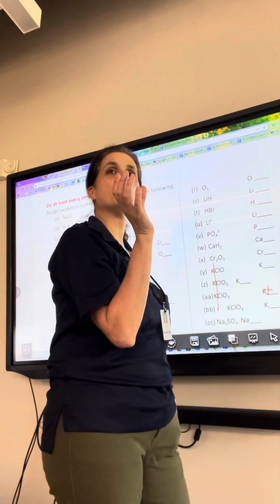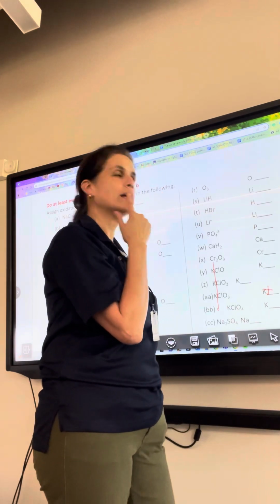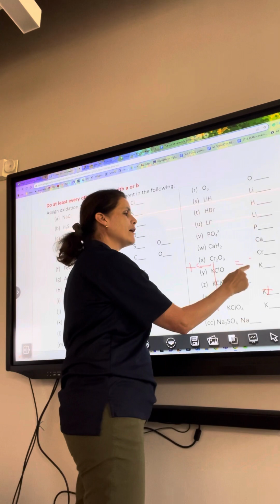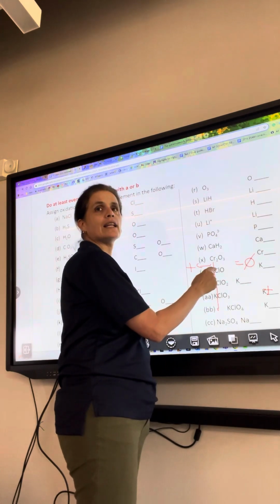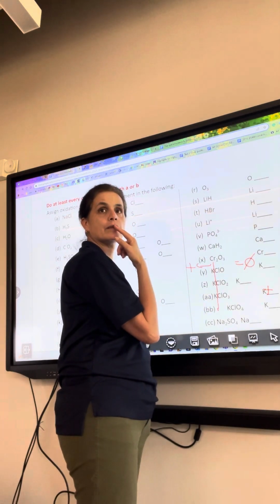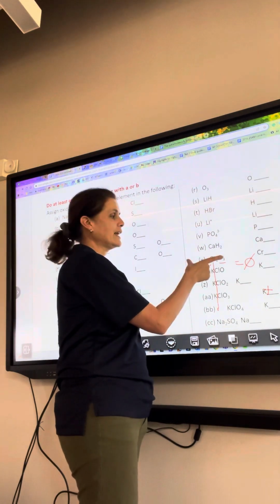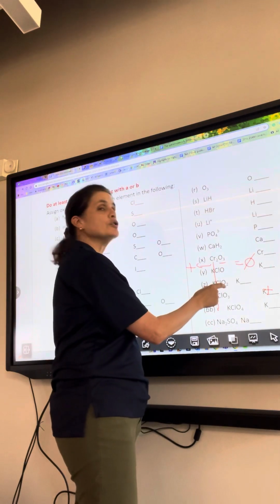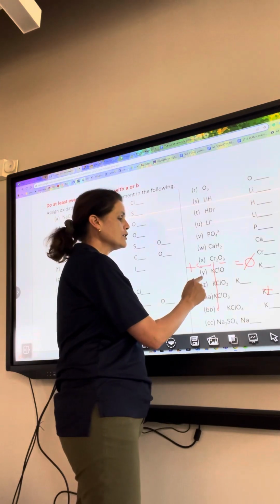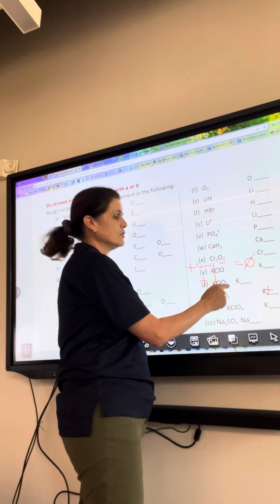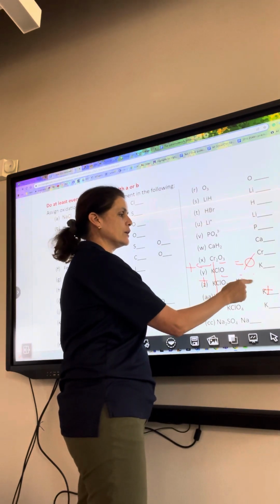So if this side is a positive, in order for you to have a neutral compound, what does the ClO have to be? A negative, right? Then it's neutral. This is neutral as well. The K is positive, so what does ClO2 have to be? Just a negative, so that is 0 as well.